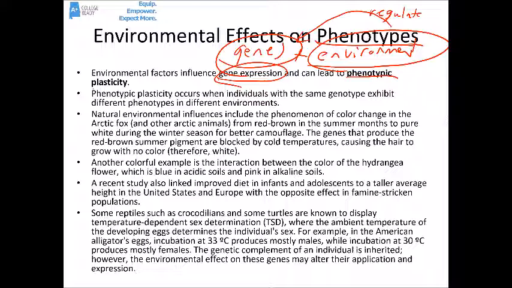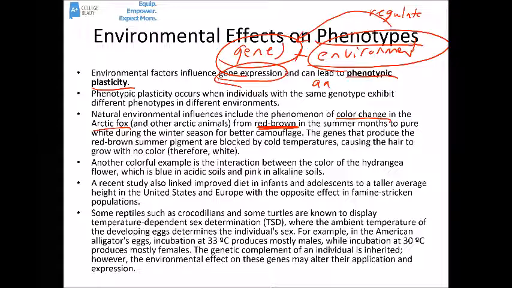Sometimes we might talk about what's called phenotypic plasticity. And this occurs when individuals with the same genotype, maybe like little a, have different phenotypes because they're in different environments. An example would be the color change of the Arctic fox and other animals like Arctic hares. So in the summer, they have this reddish brown pigment.